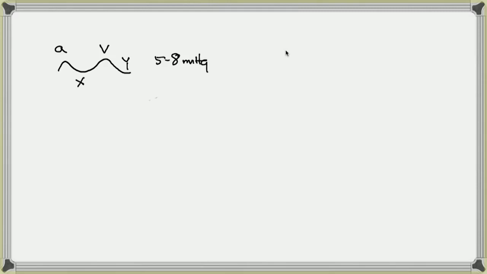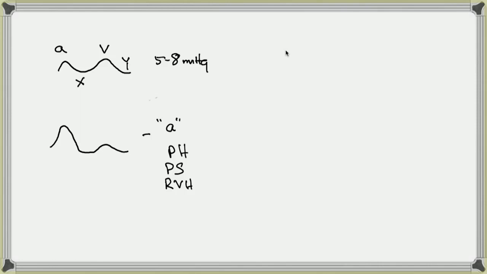Now, there are abnormalities that occur. One of the first abnormalities that you think of is a person with something like this. That's a large A wave, and that's seen in pulmonary hypertension, pulmonary stenosis, or any type of right ventricular hypertrophy in which you have a stiff right ventricle.